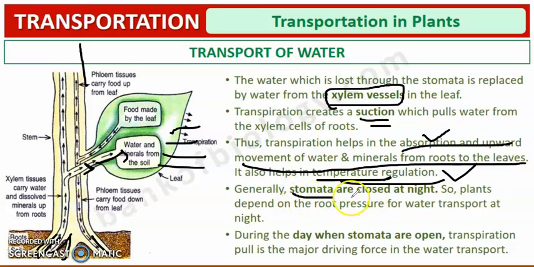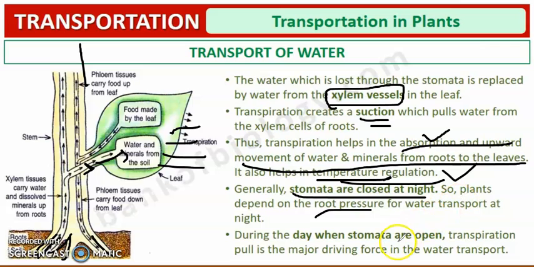Usually stomata are closed at night, right? So what happens here? Plants depend upon the root pressure, the second strategy, as I said. Two strategies are used by the plants here. The first one is transpiration. The second one is root pressure.